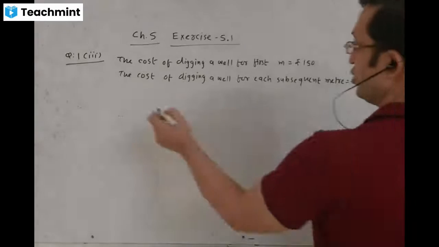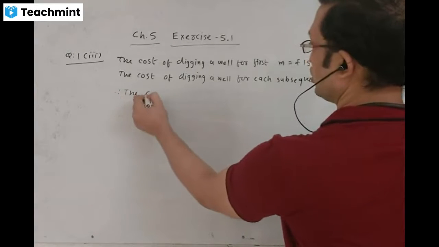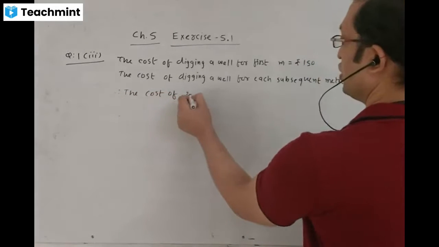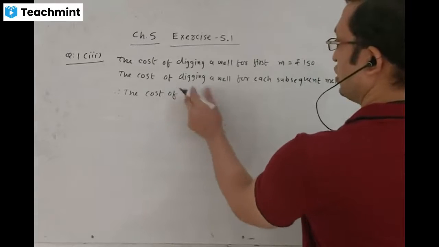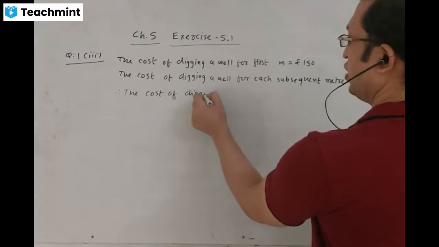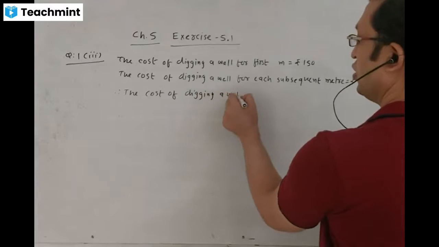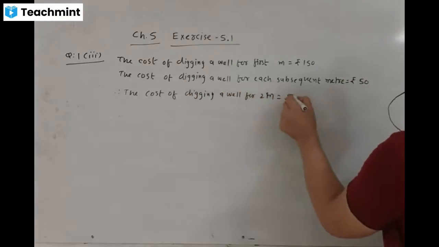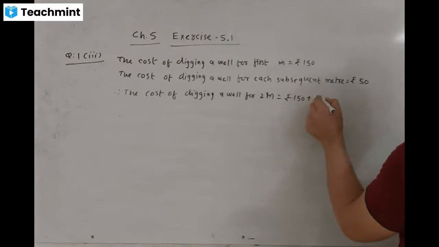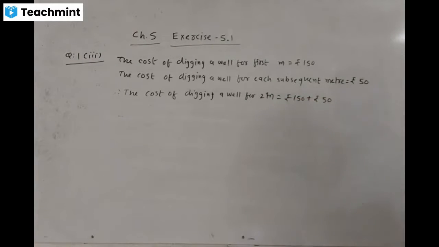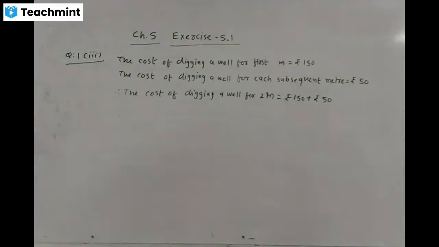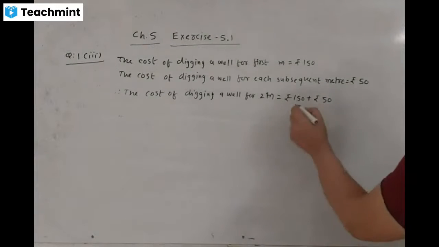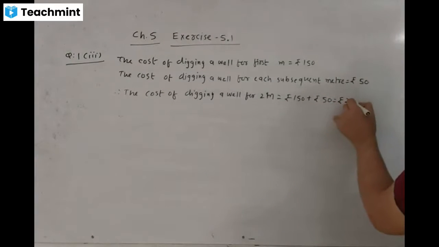Therefore, the cost of digging a well for 2 meters is equal to rupees 150 plus 50, that is rupees 200.